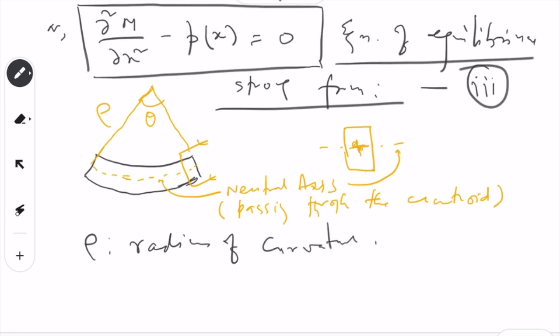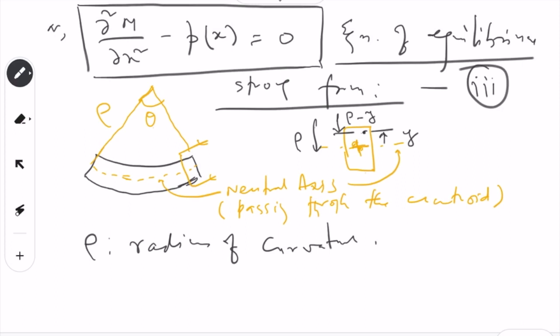And from the section, let's say we take a certain point, at this point we want to calculate the strain, and this y is basically measured from the centroid or from the neutral axis. Okay, and if the radius of curvature till here is rho, then till here this will be rho minus y, simply, right?